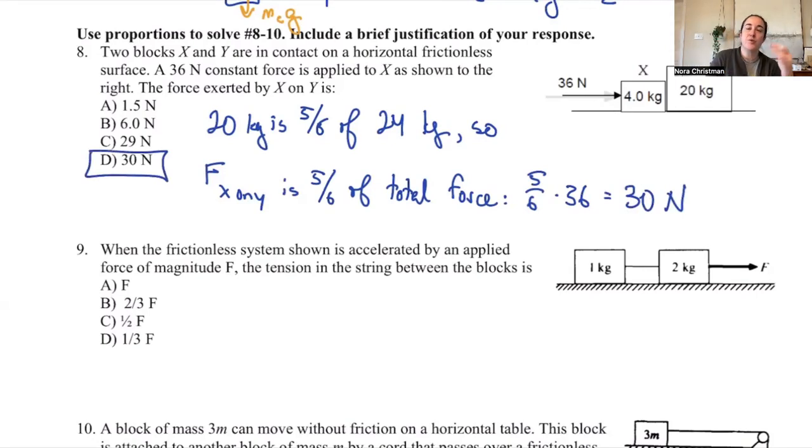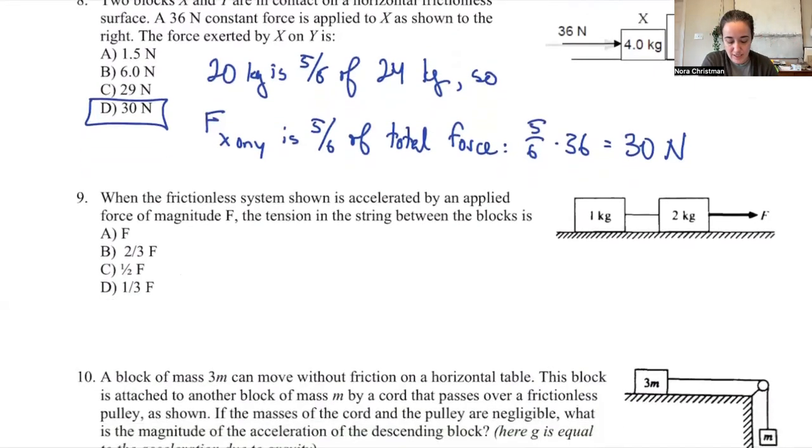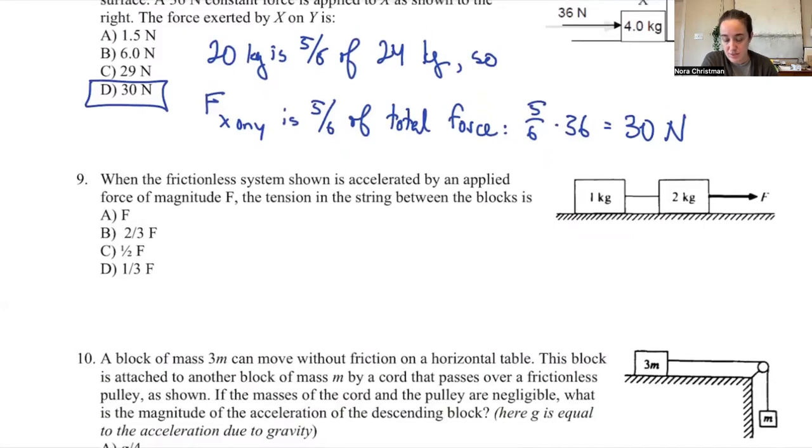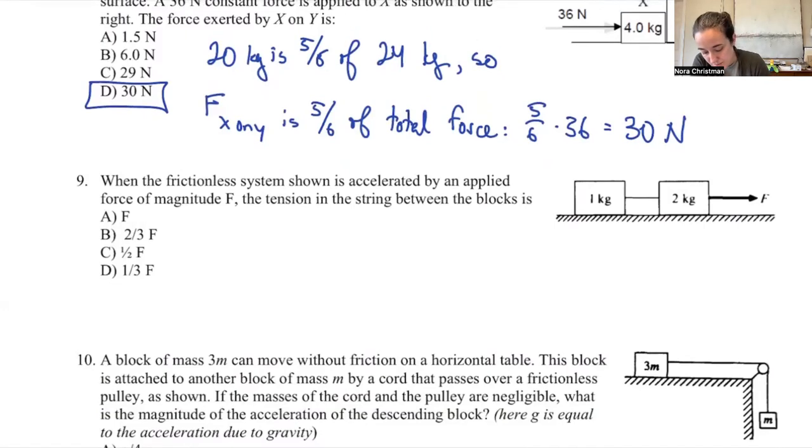So this approach only works in multiple choice. If it's a free response, you'd have to give some more justification than this. But in the multiple choice, you want to work as fast as possible. So using that same idea, take a look at 9. So when the frictionless system shown is accelerated by an applied force F, the tension in the string between the blocks is what? Okay, so we're interested in this tension T pulling the 1 kilogram block to the right.